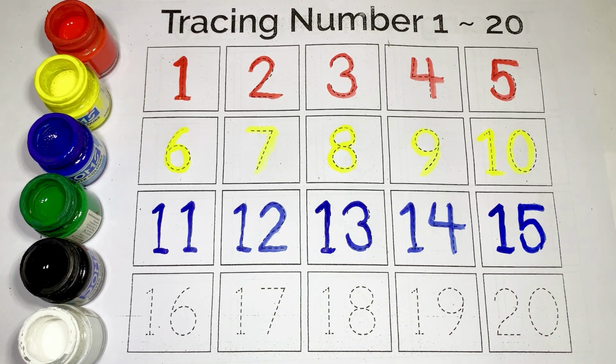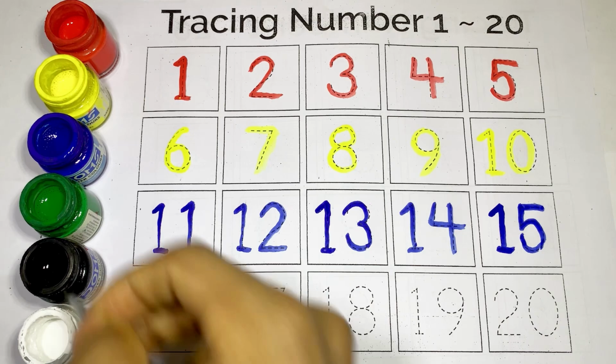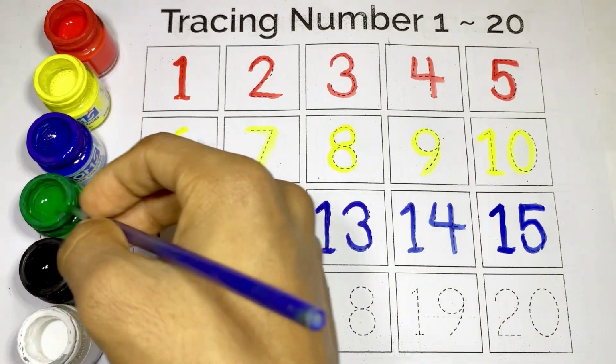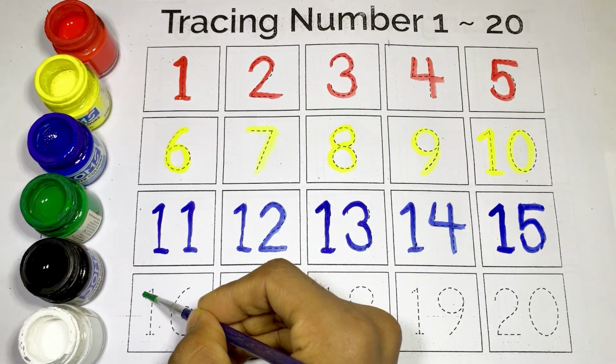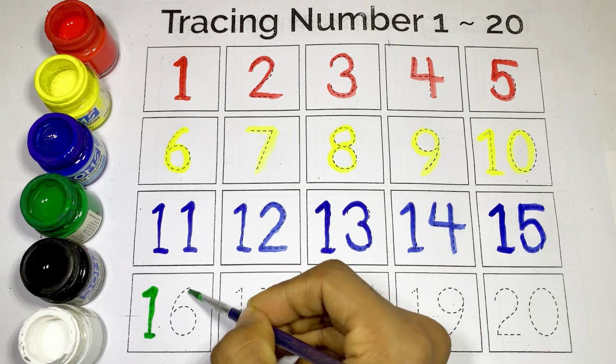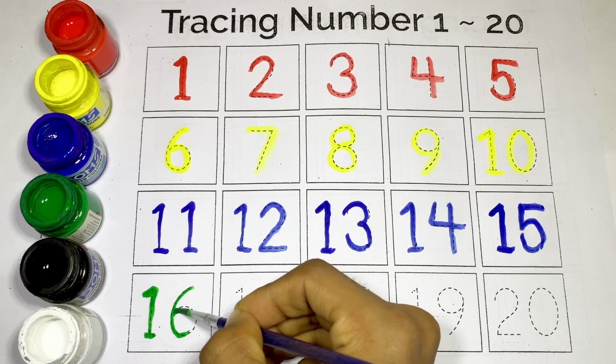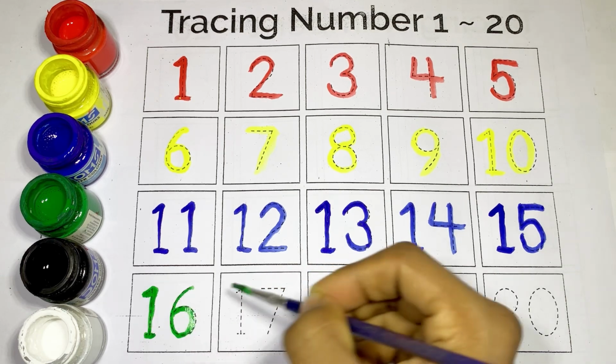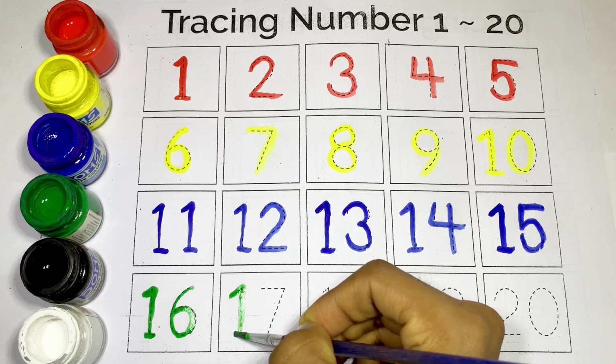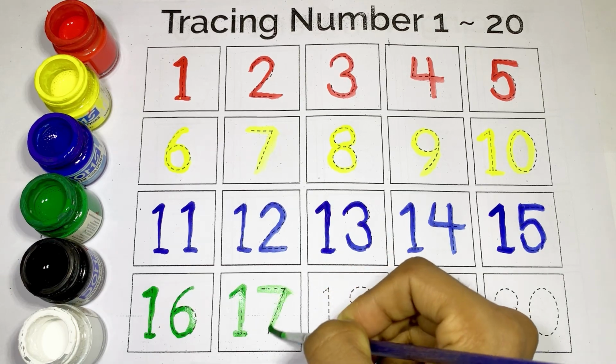Kids, now 16, the numbers of 16, and use green color. 17, the numbers of 17.